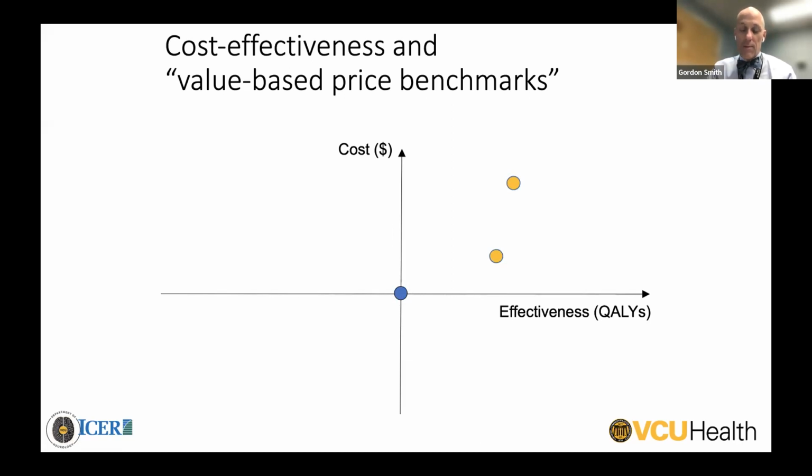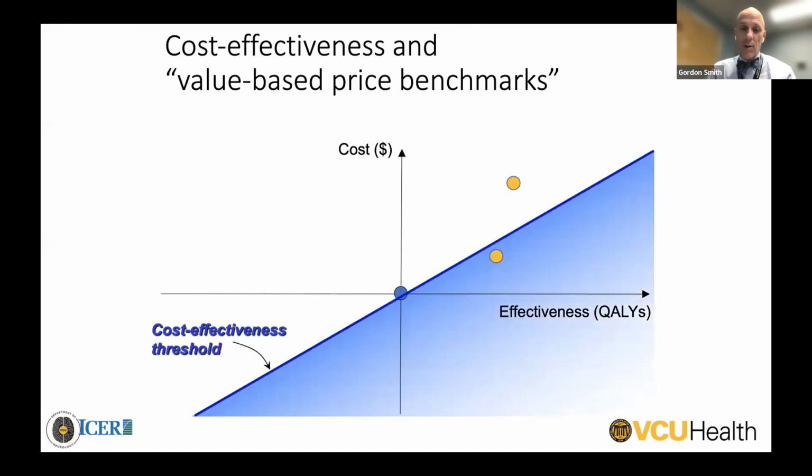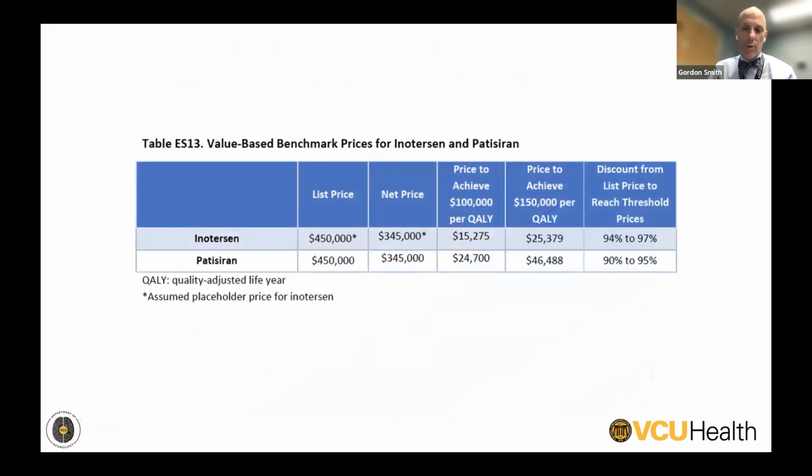And so the way really all HTA valuation exercises work is one creates a threshold, this cost effectiveness threshold. And I'll show you what their threshold is at ICER. It's very similar to what other countries do. And by creating this threshold, you can identify how far over it the drug is and determine how much lower the price would need to be in order to meet that threshold. And so these reports, which are actually very interesting to read, all have tables like this.